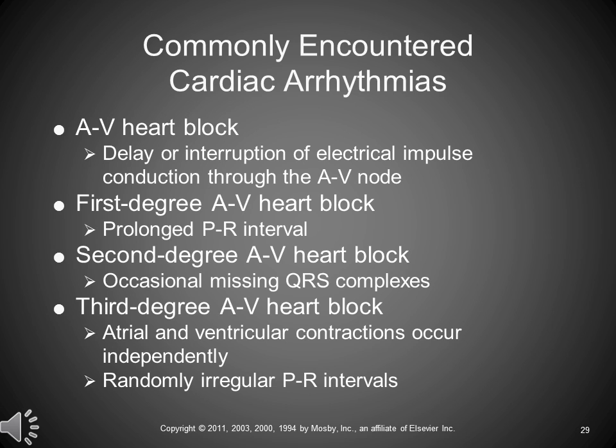Okay, the ventricles in most cases, if they don't get an impulse from the AV node, from the SA node, they will just go ahead and beat on their own. They'll pick it up. But you will commonly see the atria and the ventricles with third degree AV block just kind of independent of each other, not paying any attention, kind of like a bunch of third graders on a field trip, not listening to anybody, running amok. And you'll get very randomly irregular PR intervals. This will jump out at you and show you that.